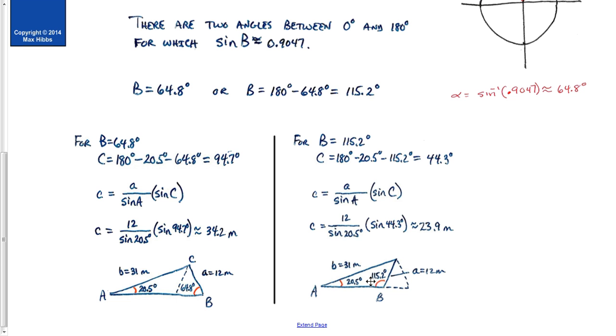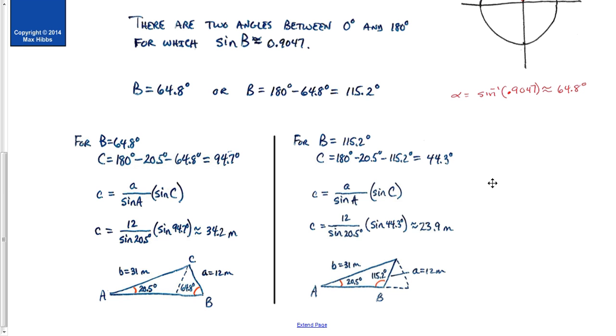That was the assumption I was making based on the two possibilities. And we, of course, calculated angle C being 44.3 degrees, and we found out that side C, which is this side, is 23.9, which is in the middle, isn't it? It's in the middle, not the largest, because this is the middle angle, 44.3 degrees.